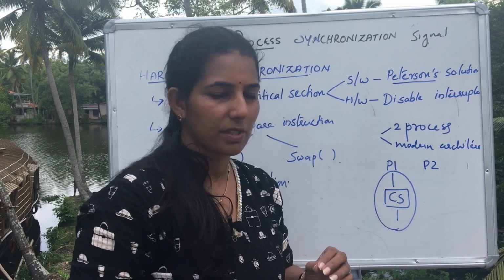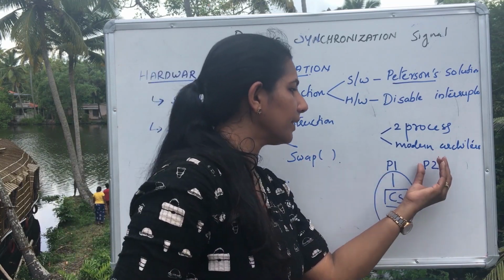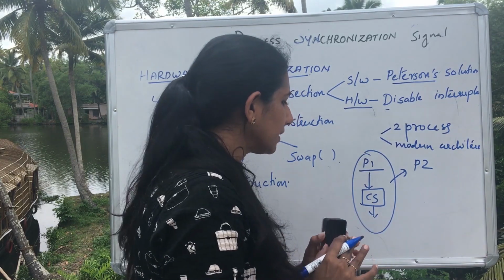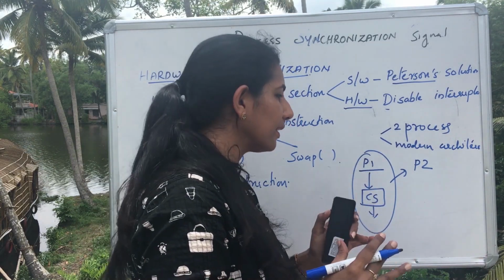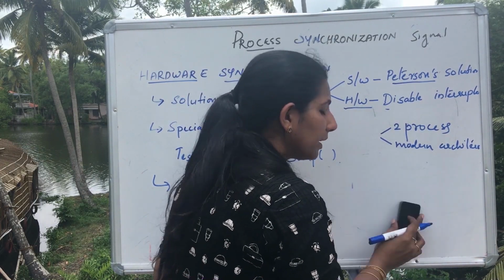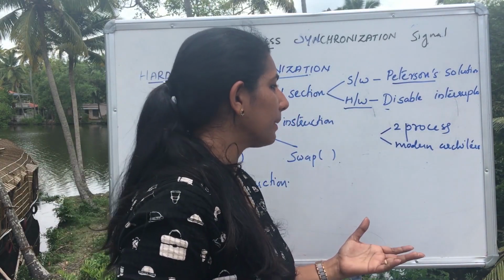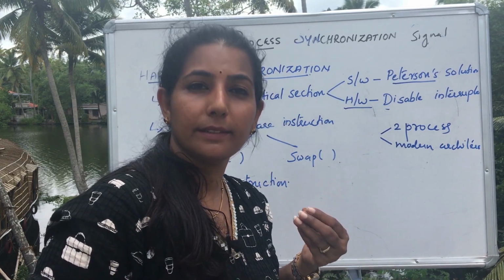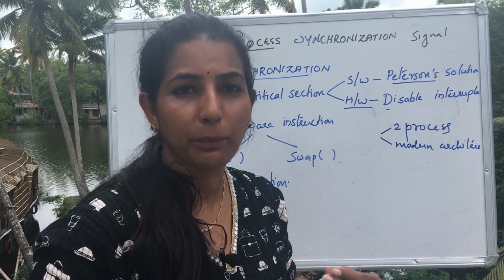One process is executed, and only then is the next process executed. So there is no chance of a race condition in a uniprocessor system. What we do in a uniprocessor system is disable the interrupts when a particular process is executing its critical section or shared variable part.